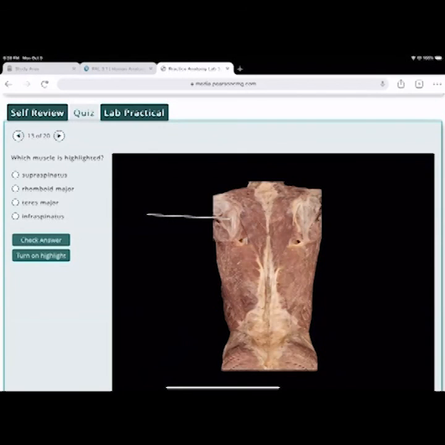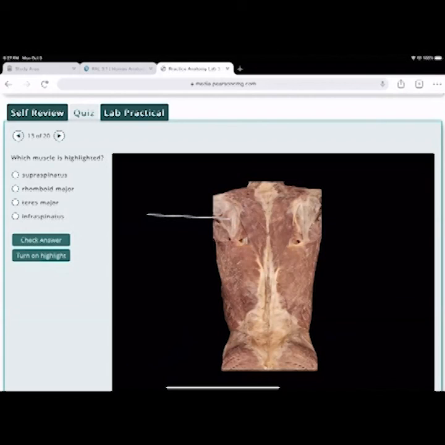What muscles highlighted there? Okay, looking at the upper part of the back. Okay, the trapezius has been cut away. So that could be teres minor, teres major, or rhomboid major, or the infraspinatus is in that area too.